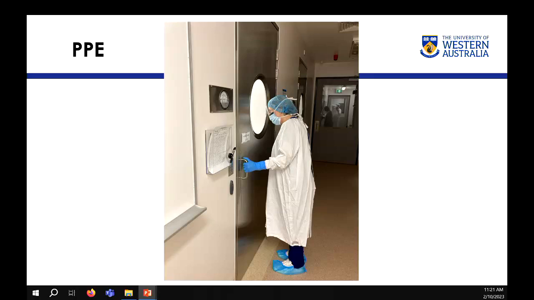We obviously have to wear hairnets and a lab coat, but then you have to wear a second lab coat over this, and you have to be double gloved. You wear scrubs, so you don't wear your own clothes, and then you have to wear shoe overlays, because you're working with animals. So it gets incredibly hot, and you really have to think quite carefully when you're designing these animal infection models.